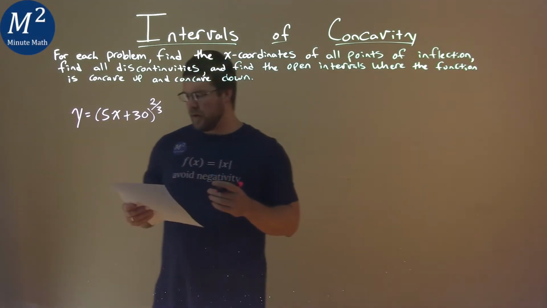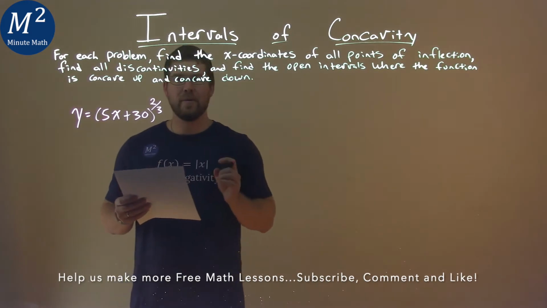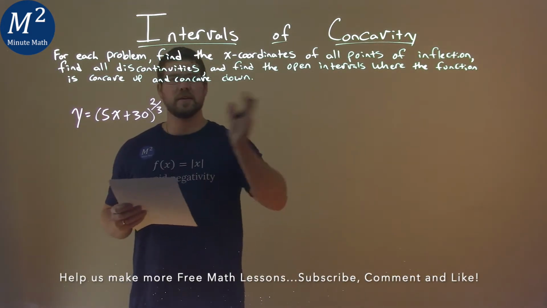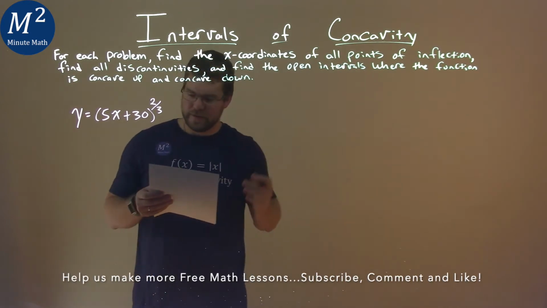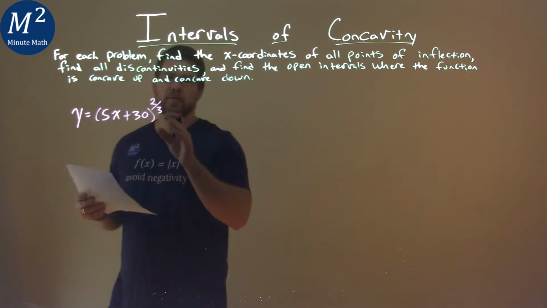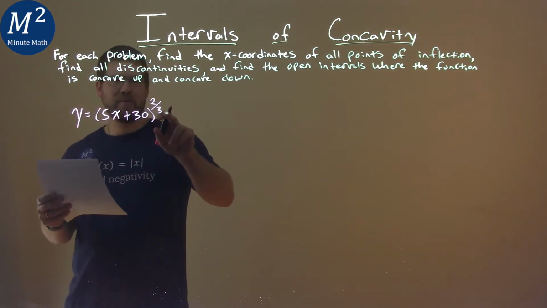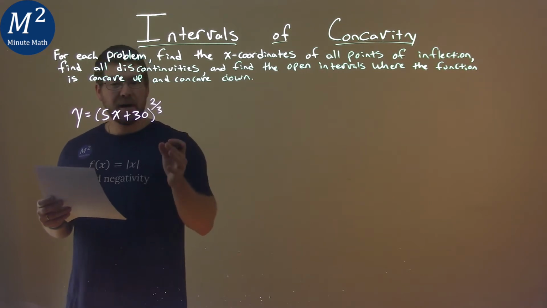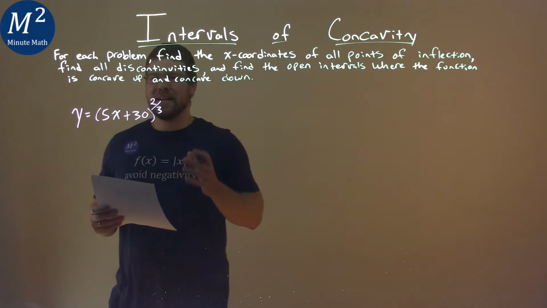We're given this problem right here, y equals (5x plus 30) to the 2/3 power, and we get to find the points of inflection, discontinuities, and the intervals where the function is concave up and concave down. Now, right here, we have a third root function. That's the only thing that could cause an issue here, taking the third root, but we can plug in any x value we want and it doesn't cause any jumps.